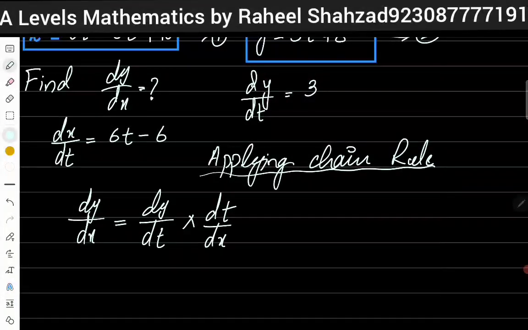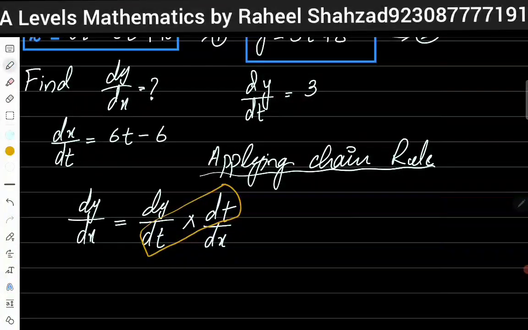You must have done it in AS. Here t is the parameter, so we use the chain rule in terms of t. So dy by dx is equal to dy by dt into dt by dx.